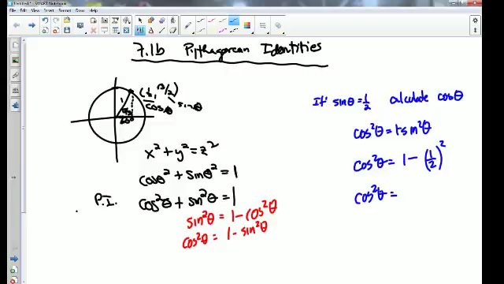That's 3/4, right? So 1/2 squared is a fourth. 1 minus a fourth is 3/4. And then we square root both sides.